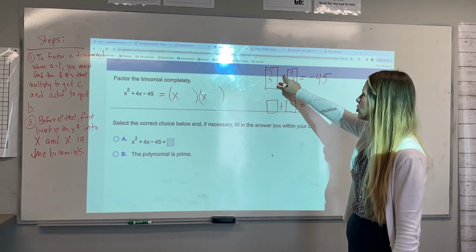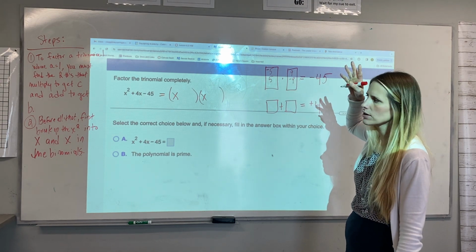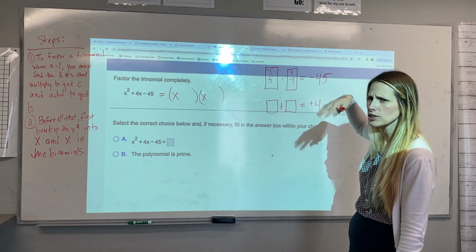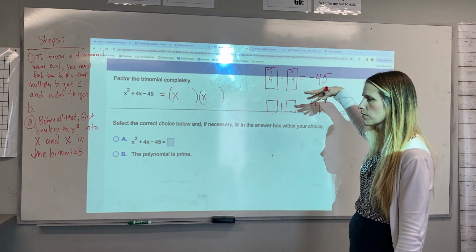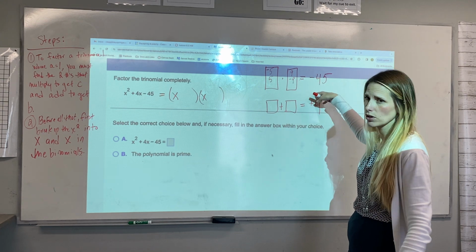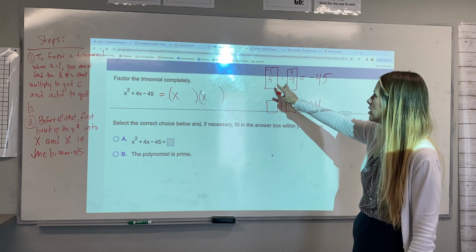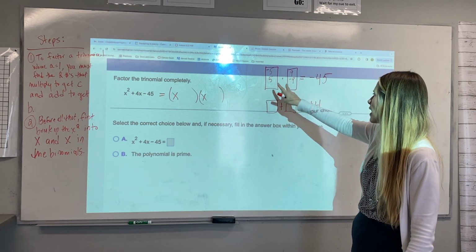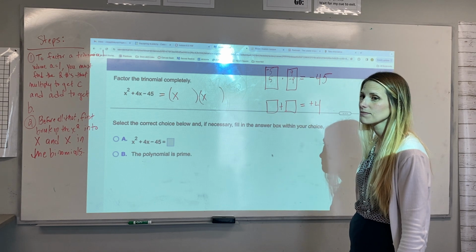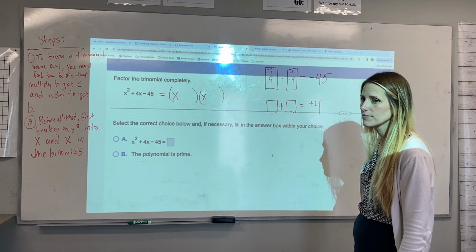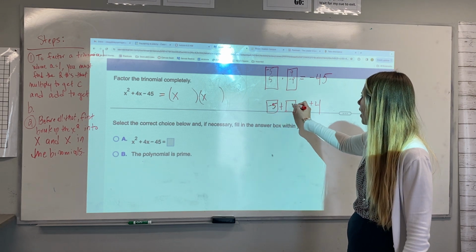Now, technically there are other factor pairs, like 3 and 15 would multiply to get positive 45, so one of them could be negative to get negative 45. You could also do 1 and 45. But I think Callie shouted this one out for a reason. She noticed that one of these pairs will get you a sum of positive 4. Which one? Negative 5 and positive 9.